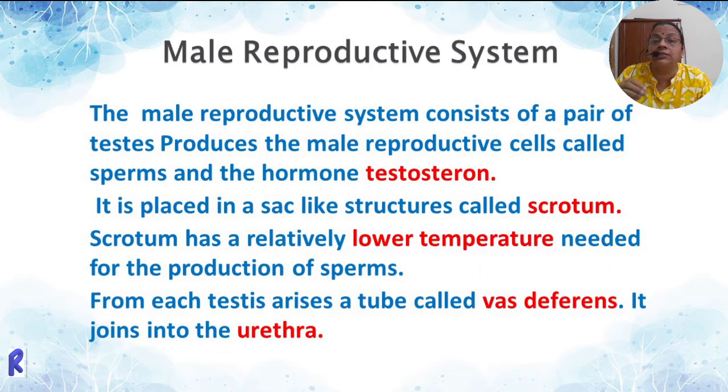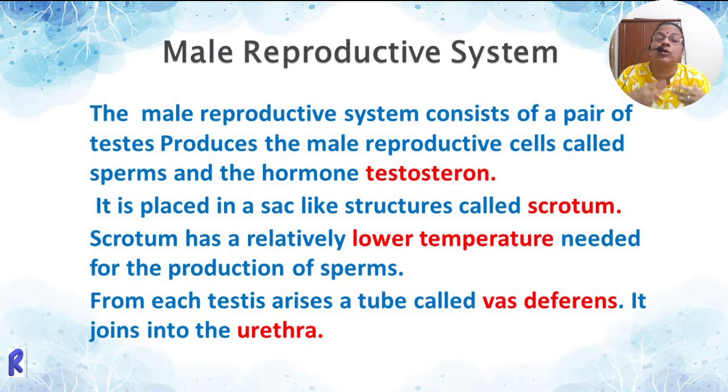And along with that, in and around the seminiferous tubules, within the surrounding space, there is another group of cells called Leydig cells, which produce a male hormone essential for the formation of secondary sexual characteristics. What makes a boy into a man: the hair growth, the testicle size increase, the voice changing, all those secondary sexual characteristics are controlled by the male sex hormone testosterone.